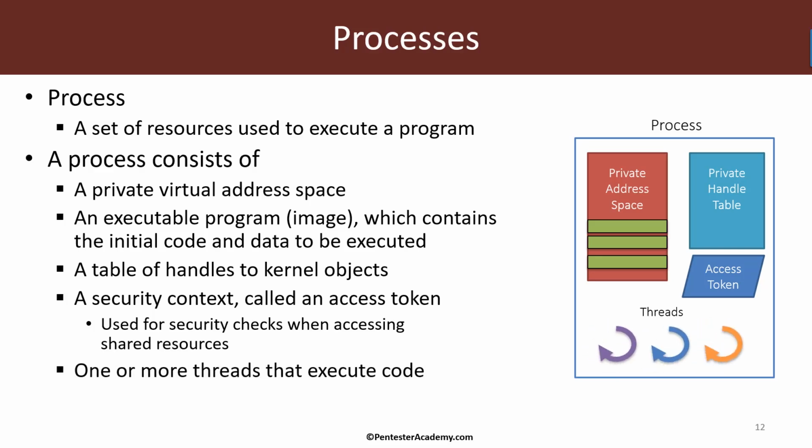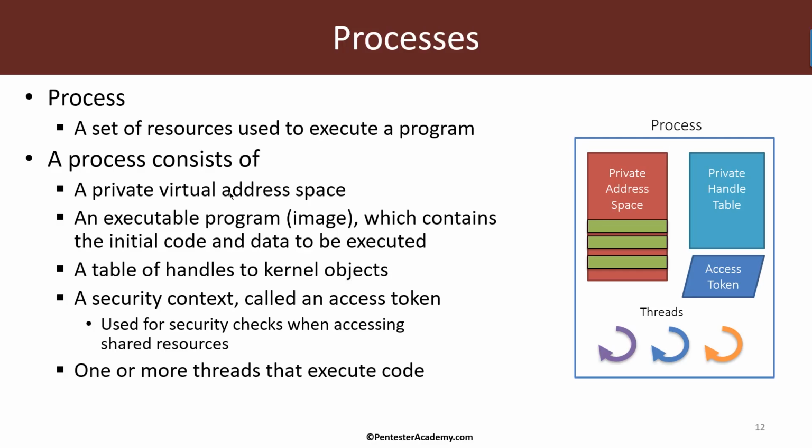And finally, we have threads. Threads are the actual entities running code. When a process is created, the first thread is created with it, that eventually is going to run our main function. Processes are isolated from one another, so one process cannot write to another process or corrupt another process by accident. That, of course, is by design.